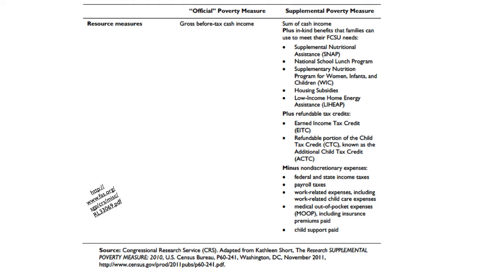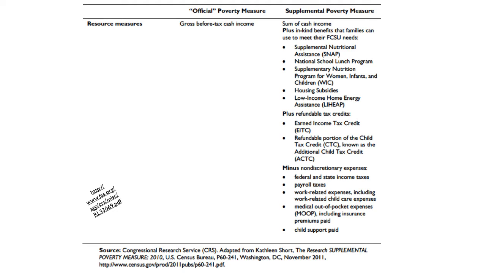So on the income side, it builds upon the OPM and still counts all of the cash income the OPM does, but it also includes what are called near cash benefits, like SNAP, which we used to call food stamps, Section 8 housing vouchers, WIC, which is supplemental nutritional assistance to women and children, LIHEAP, which is a supplement to help people buy heat for their homes.